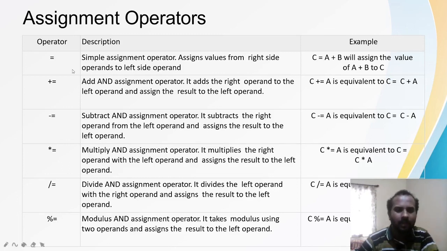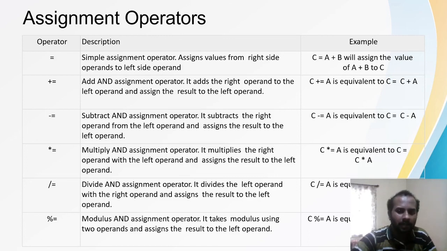Okay, now here I have the compound assignment operator or shorthand assignment operator, plus is equal to. So C plus is equal to A. What is the meaning of this?